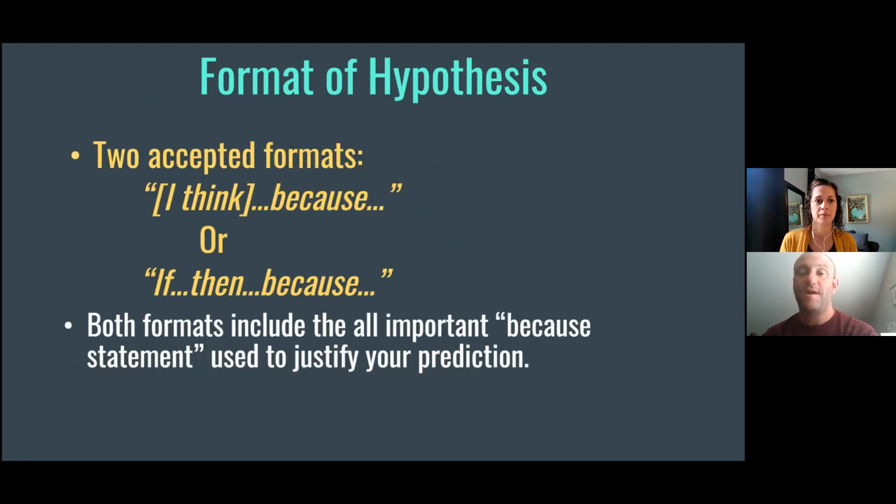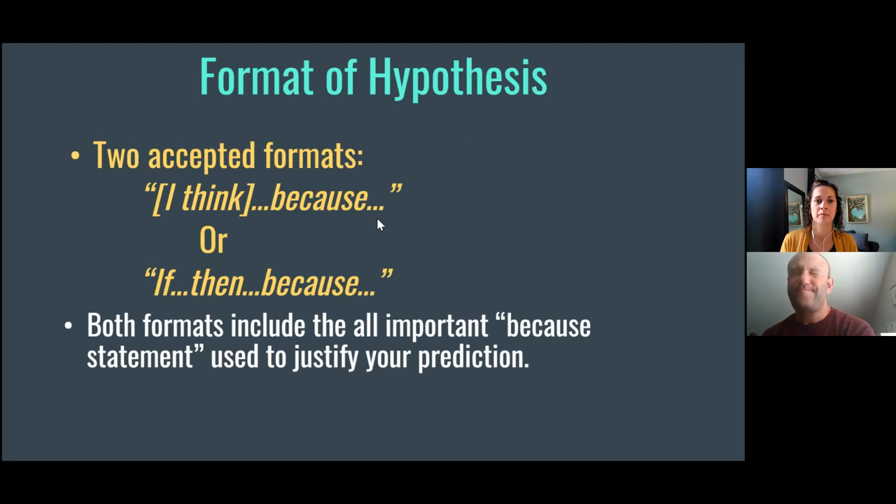There are 2 accepted formats of hypotheses. You probably are more familiar with the bottom one, at least in East Lyme. I know that's what's used in middle school and in 9th and 10th grade. It's called the if-then-because statement. Another acceptable form of a hypothesis is I think because.